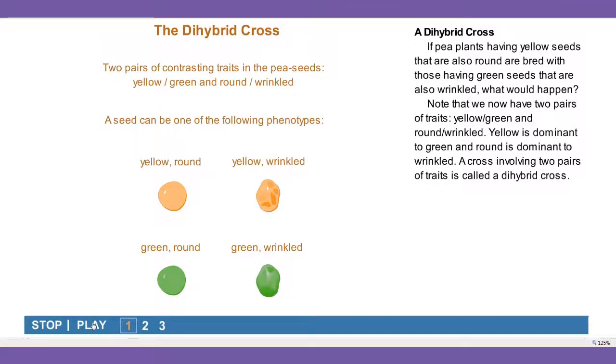Okay, this is another animation from the book that just basically reviews everything we've already been talking about. So, in a dihybrid cross, you're looking at 2 different characters simultaneously. When we do the cross, we know these are all the possible combinations of phenotypes that we could get.